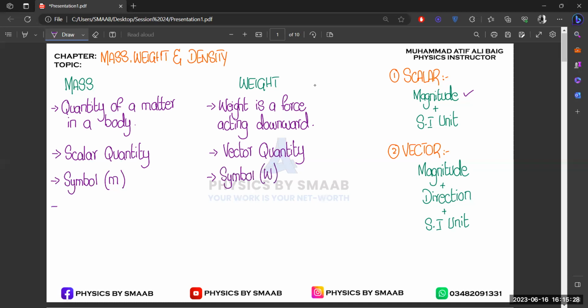And if we talk about the SI unit, the SI unit for the mass will be kg, kilogram is the SI unit for mass. And the SI unit for weight will be equal to, any idea?